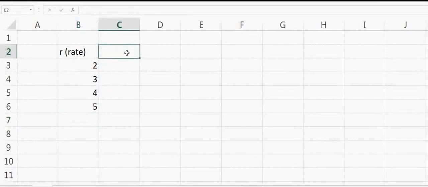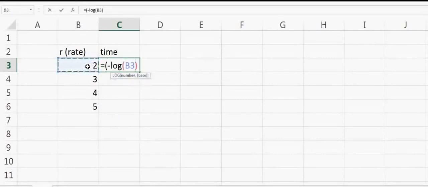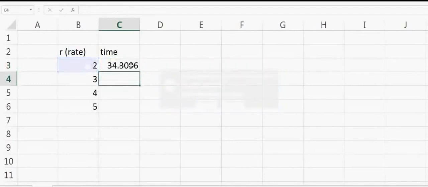And this is our time. So the time for your money to become half will be equal to minus log of 2 divided by log of 1 minus r. I'm dividing the rate by 100 because it's in percentage, and that's your time.